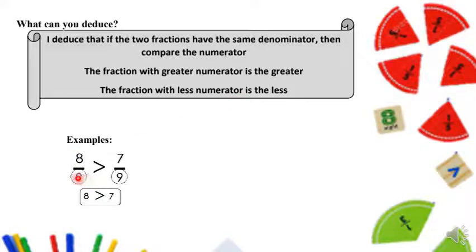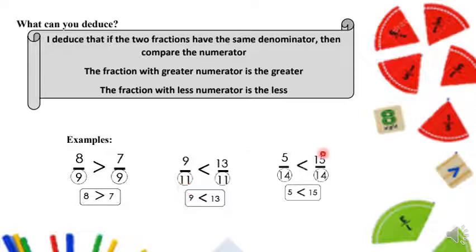Look here, we have the same denominator. 8 is greater than 7, so this fraction is greater than this fraction. 9/11 and 13/11, they have the same denominator. Which is greater, 9 or 13? It's 13, so 13/11 is greater than 9/11.